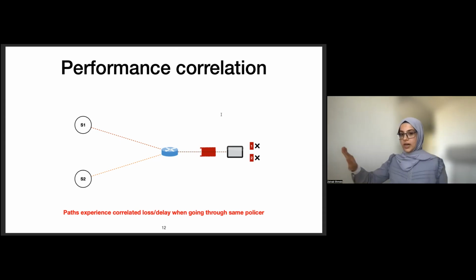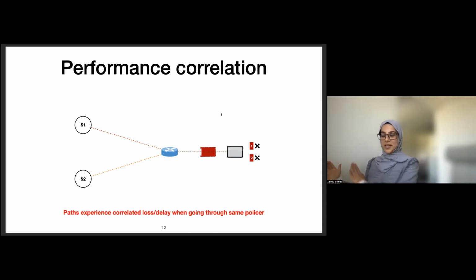Now, a side note here: some ISPs have an extra practice where they do the throttling per TCP connection. So they have one queue for each TCP connection. What I've shown you so far is that the two packets saw the same overflow event in that queue.